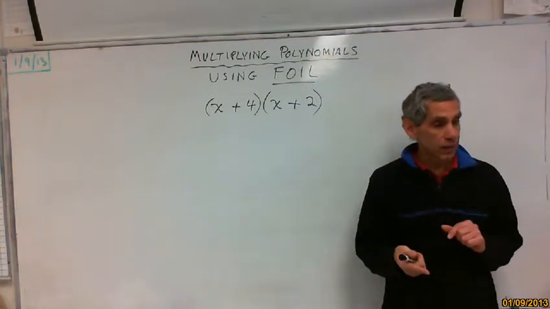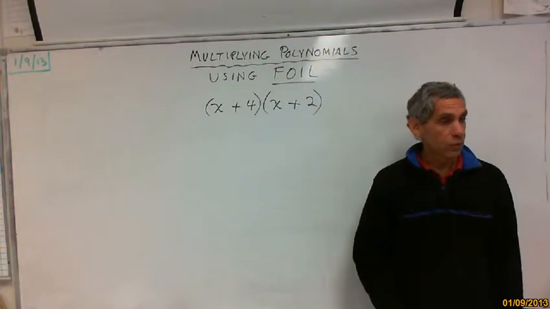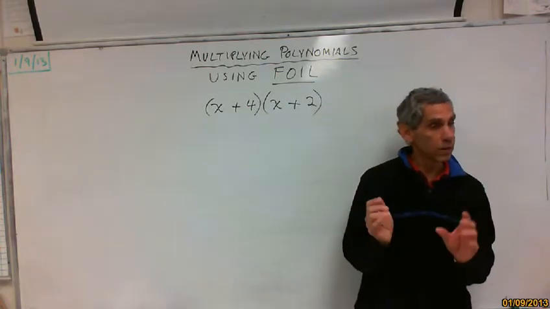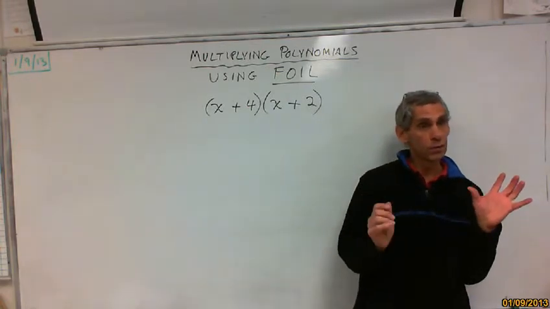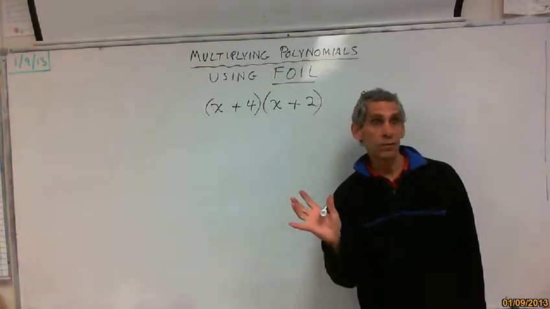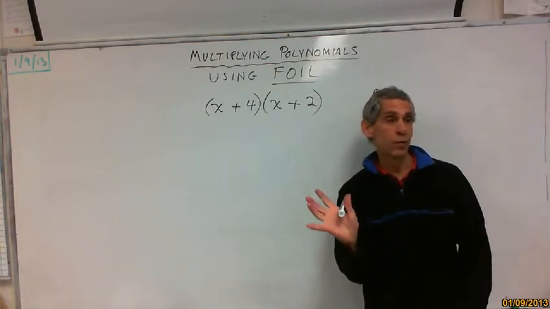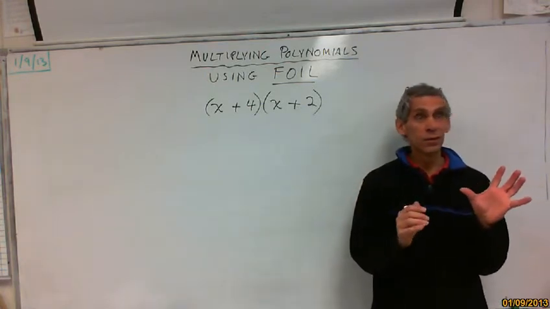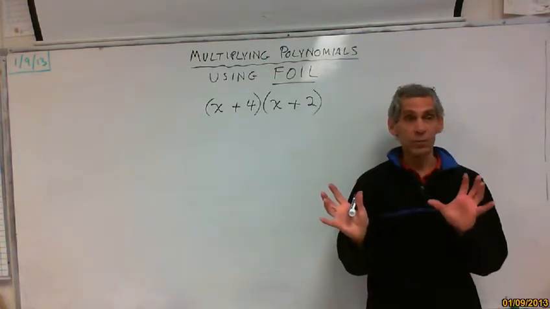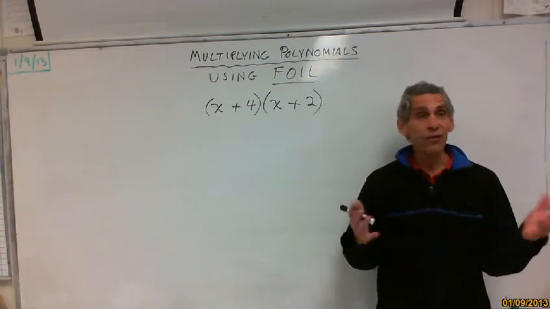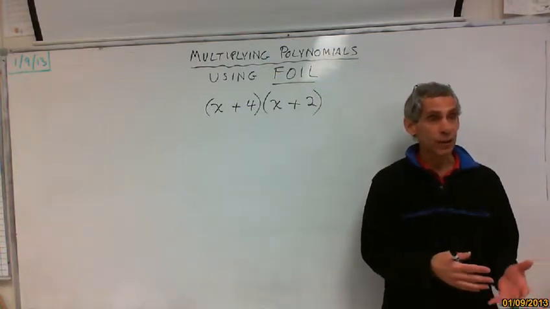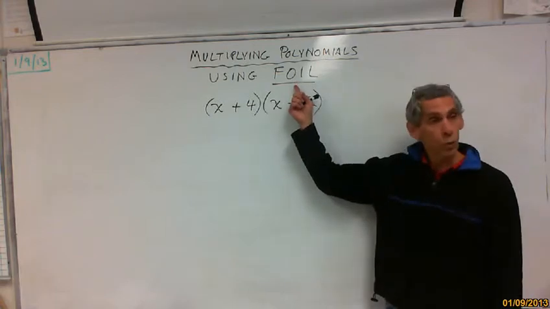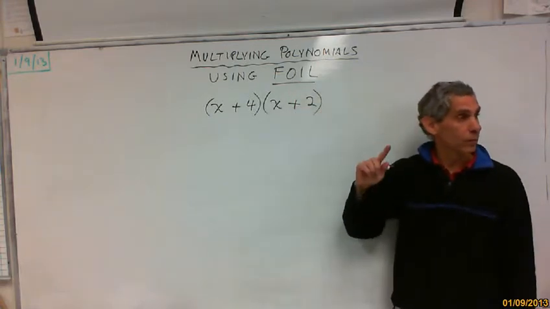What you learned yesterday works for everything. It works for a monomial times a binomial, a monomial times a trinomial, a binomial times a binomial, a binomial times a trinomial, a trinomial times a trinomial, a polynomial times a polynomial. This only works for a binomial times a binomial.